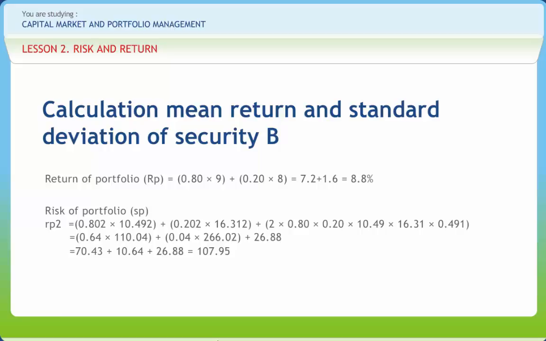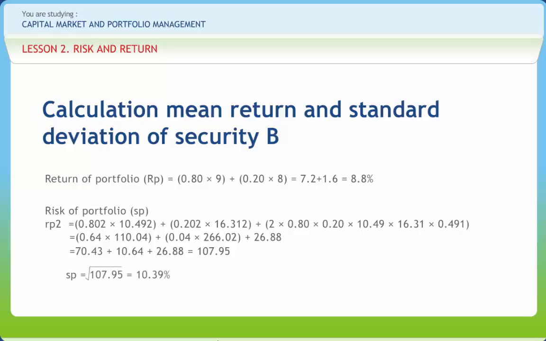Sigma P square equals 0.80 square into 10.49 square plus 0.20 square into 16.31 square plus 2 into 0.80 into 0.20 into 10.49 into 16.31 into 0.491 equals 0.64 into 110.04 plus 0.04 into 266.02 plus 26.88 equals 70.43 plus 10.64 plus 26.88 equals 107.95.